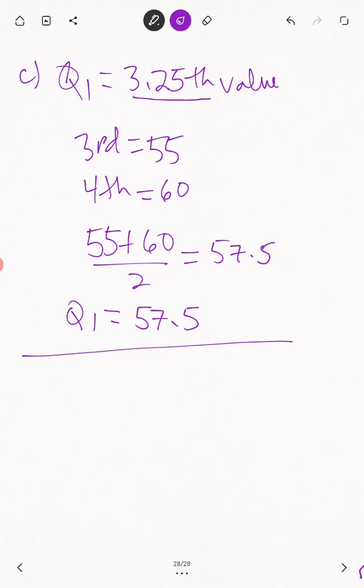Another way to do it, which would be actually more precise, would be to go a quarter of the way between these two values instead of just halfway between them. So to do that, you would have to do the third value, which is 55, plus 1/4 of the difference between the two values.